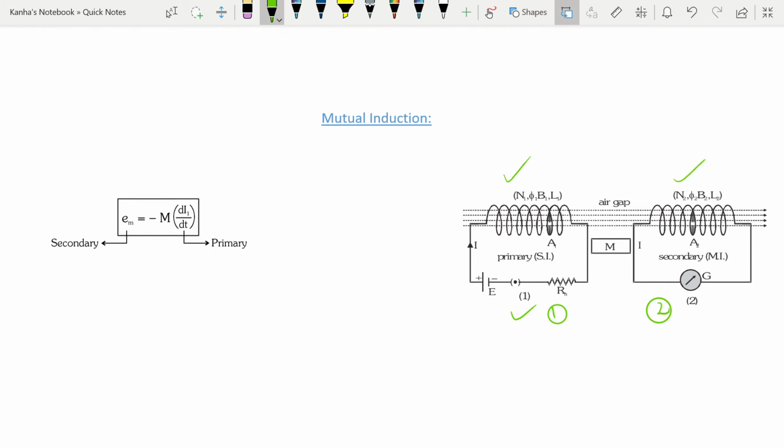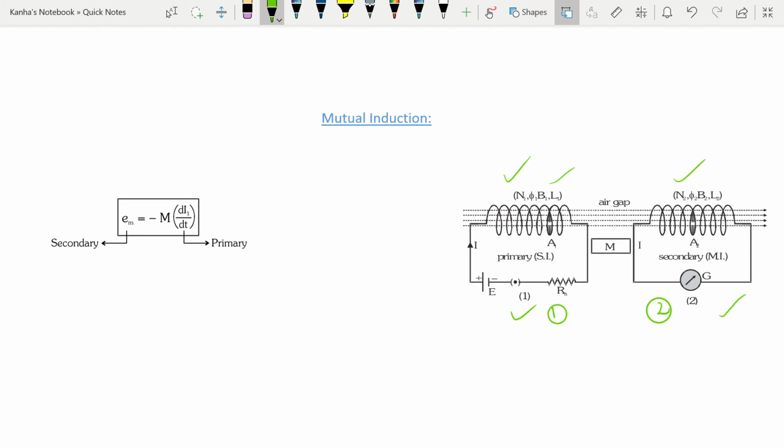Similarly, if the current in the second coil changes, it will induce an EMF in the first coil. According to Lenz's law, the EMF induced in the neighboring coil will be such that it opposes the change of flux in the system.